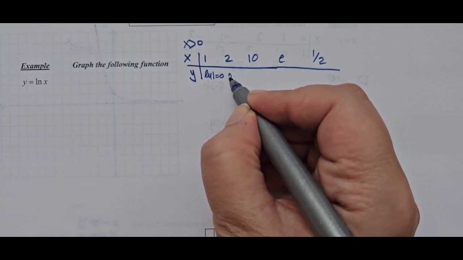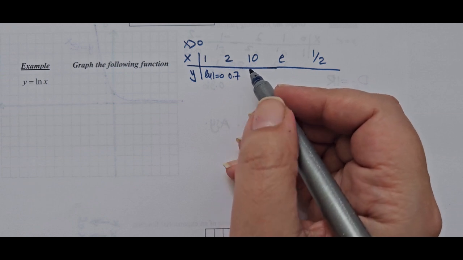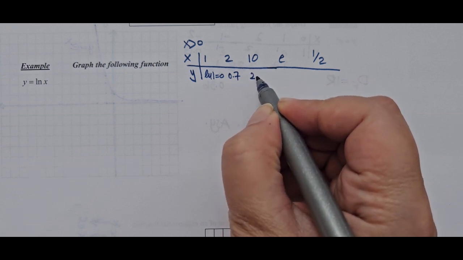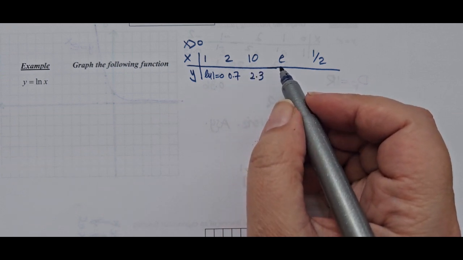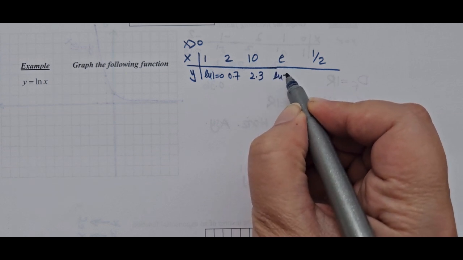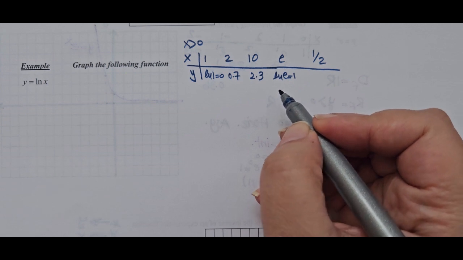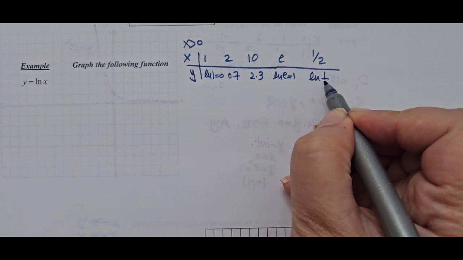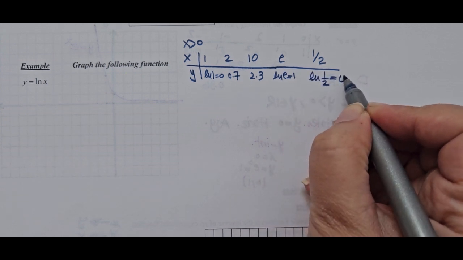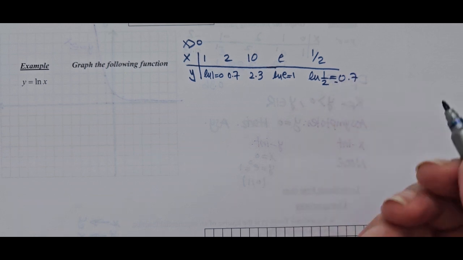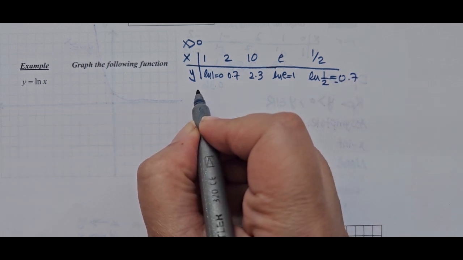ln 2 is 0.7, ln 10 is 2.3, ln e, this is how you write it, is equal to 1, and ln of 1 over 2 is negative 0.7.